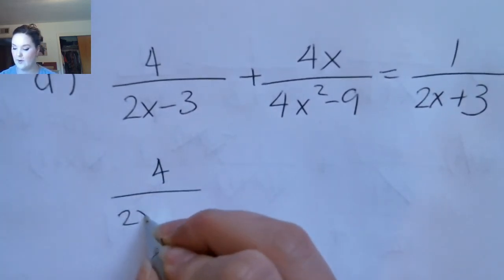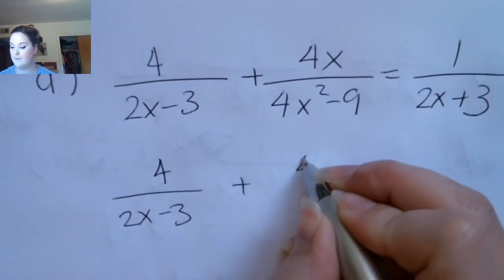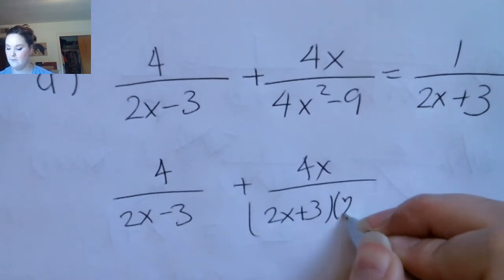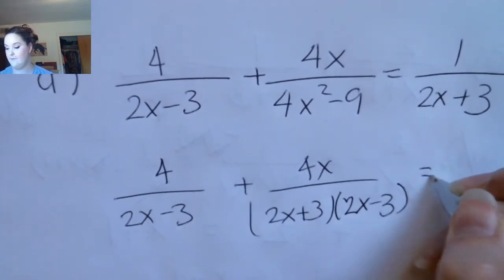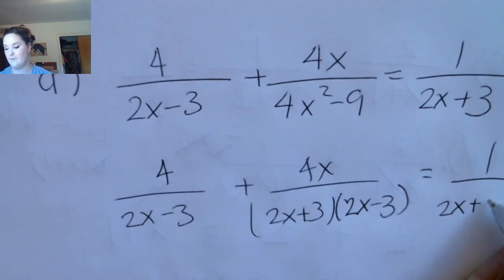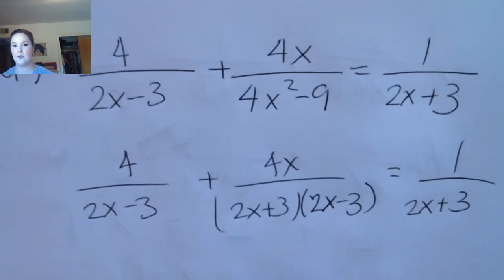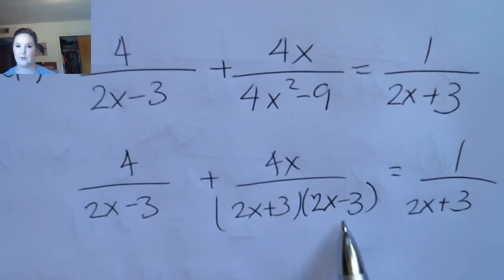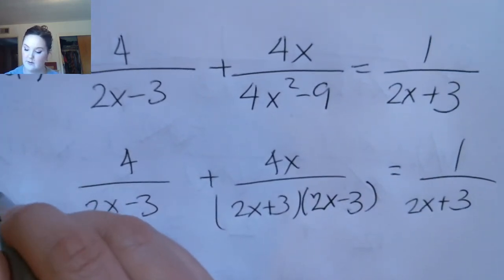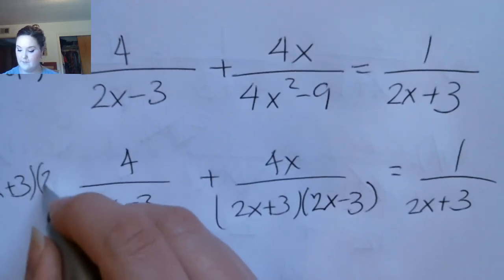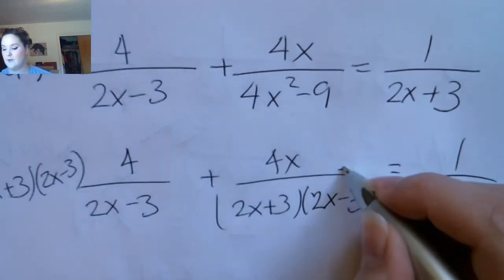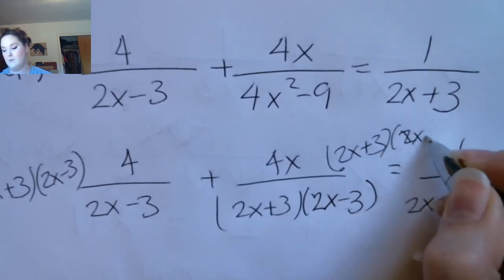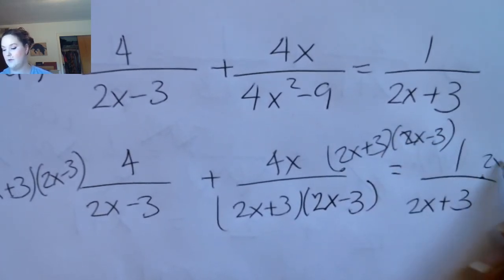This is the difference of squares. Okay, so I'm going to multiply by the LCD, which is this, 2x plus 3, 2x minus 3. Okay, same here. Okay, and same here.